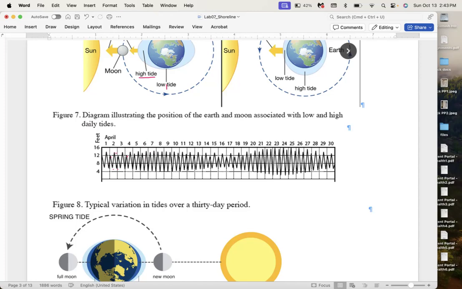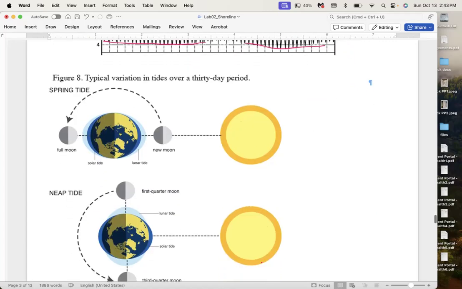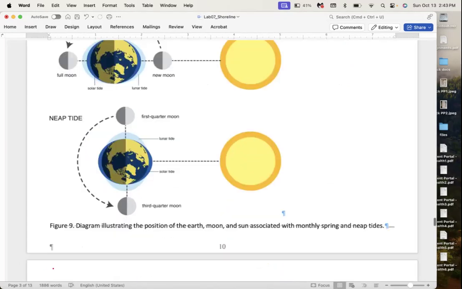So you can see the variation that you have in tidal ranges. And at this point, where this is much greater, it means that you're dealing with this kind of situation. And where there's less of a range through here, you're dealing with this situation. So that's what this diagram is also showing you.